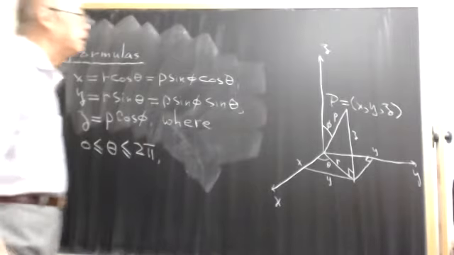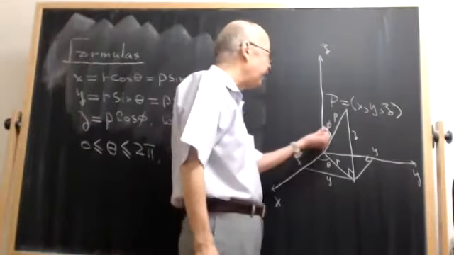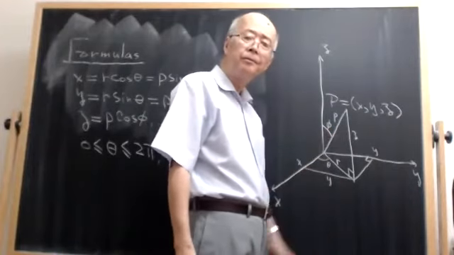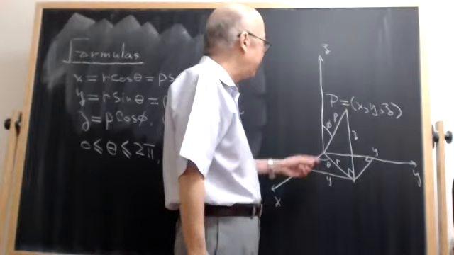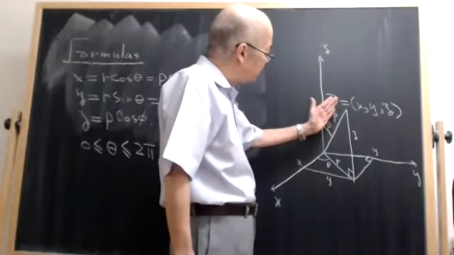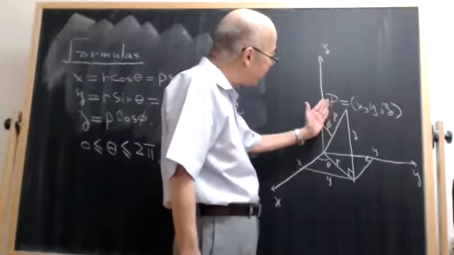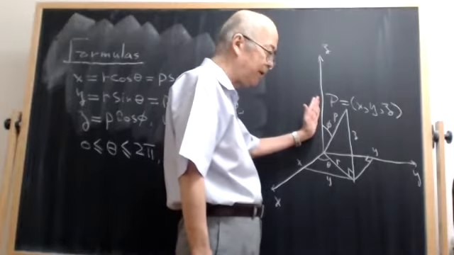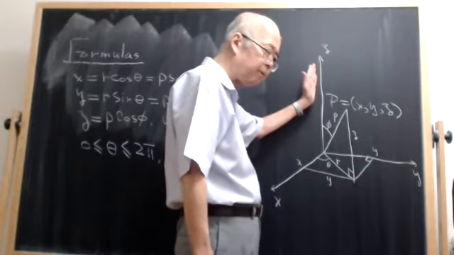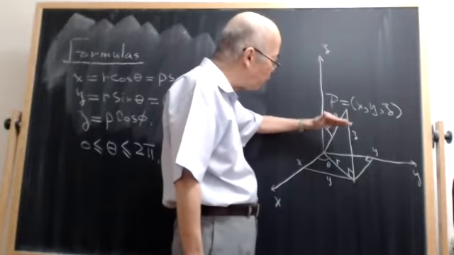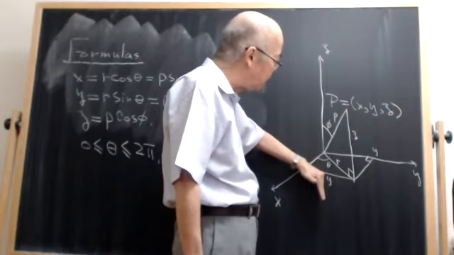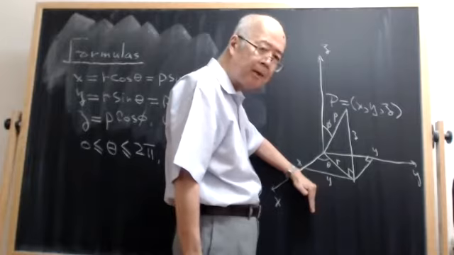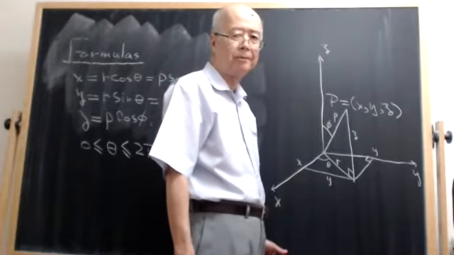Now, the interesting angle is this azimuthal angle. Now, this ray here can come from this z-axis in the upward direction. And it can go down to the z-axis in the opposite direction.